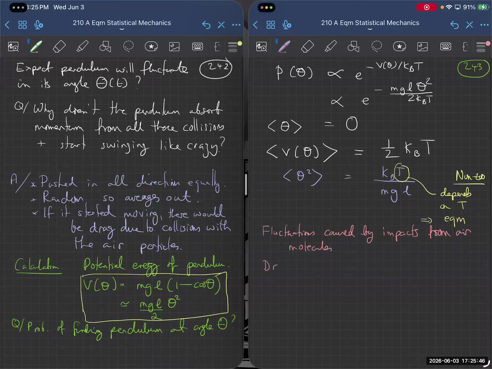The drag is caused by the collisions with the air molecules.